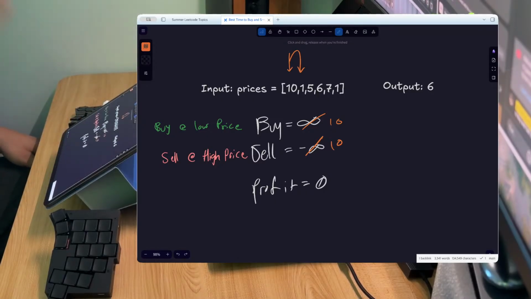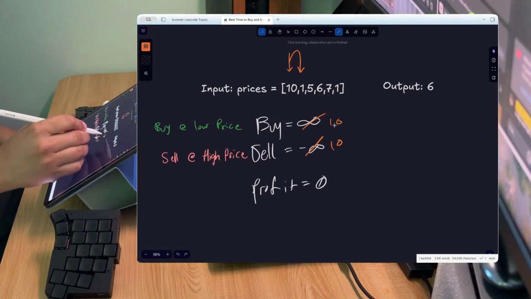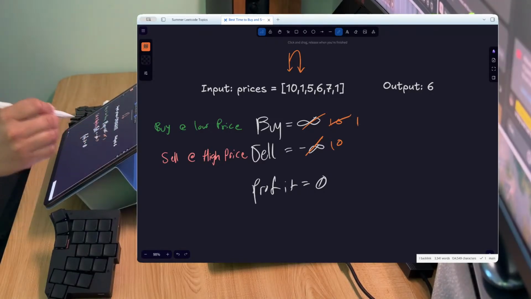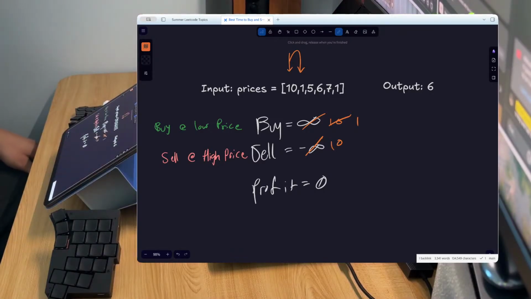We want to buy at a low price. The next day we see a lower price than 10, so we want to update our buy. Now for our sell, we can only determine if we update sell if the profit is greater than 0.